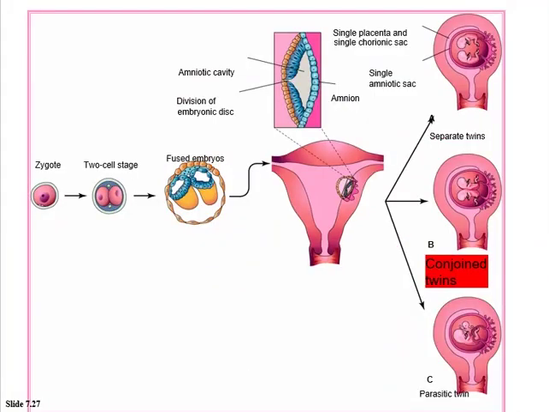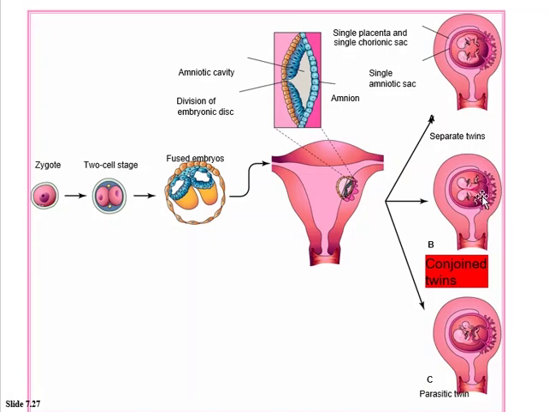In case of twins that come from division or separation of the embryonic disc, we have a single placenta, single chorion, and single amnion.